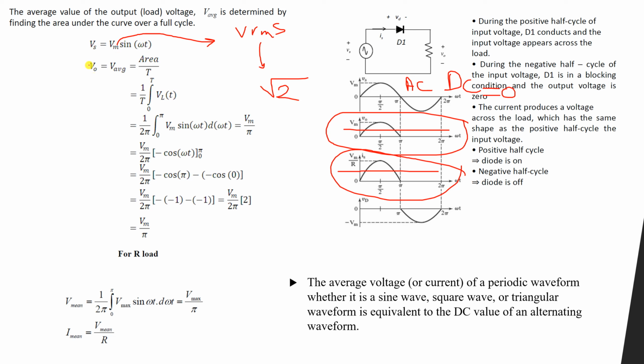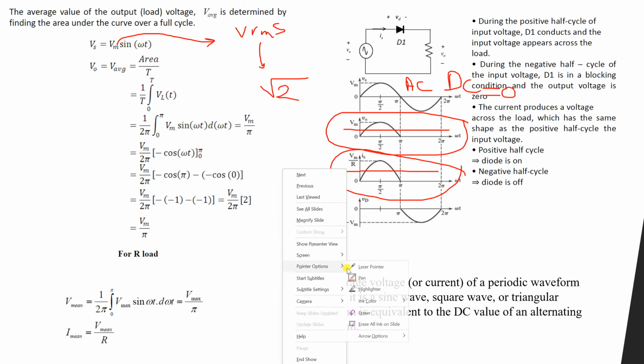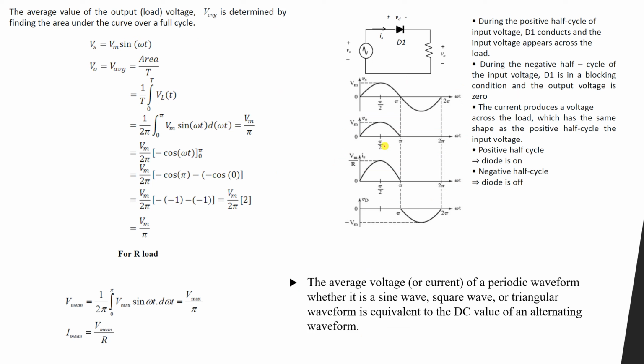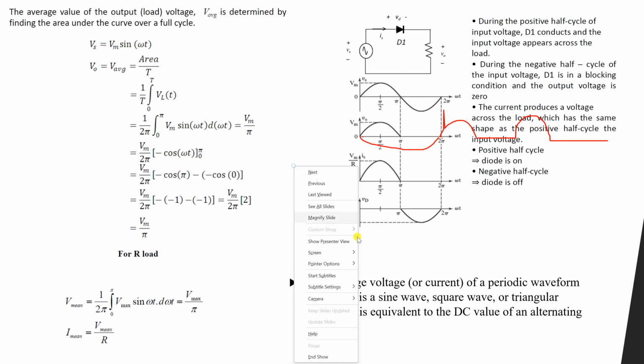Now what is the output value, or the average value? Let's just delete all of this. For the voltage here, it will be 1 over T, the average over the whole period from 0 to 2 pi. That's why 1 over T is equal to 1 over 2 pi, the whole period. After it, it will repeat itself, so it repeats every 2 pi.